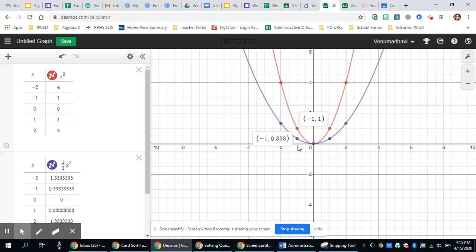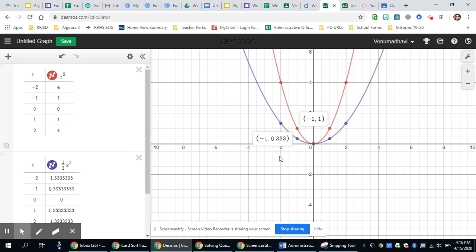If you look at these 2 points on both graphs, this will show you that at x = -1 and x = -1, the x values are the same, right? The x coordinates are the same, but the y values or the y coordinates have changed. It has changed from 1 to 1/3 or 0.33. So the y values are changing in a vertical dilation.